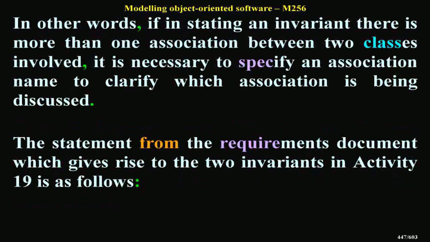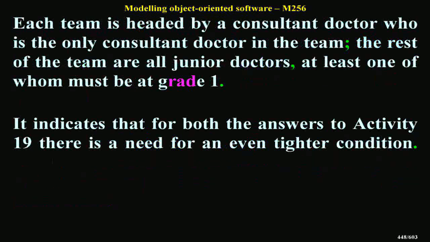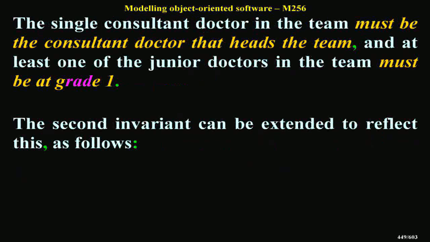The statement from the requirements document which gives rise to the two invariants in Activity 19 is as follows. Each team is headed by a consultant doctor who is the only consultant doctor in the team. The rest of the team are all junior doctors, at least one of whom must be at grade 1. It indicates that for both the answers to Activity 19 there is a need for an even tighter condition.